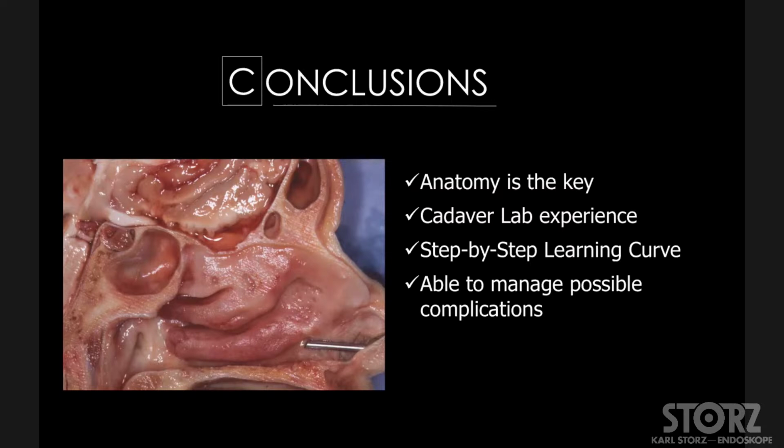The conclusion of our lecture is very easy. The first conclusion is that anatomy is the key, and so my suggestion is to perform a lot of cadaver lab experience, because only in cadaver lab, by dissecting cadaver specimens, can you gain much more confidence with instruments and with anatomical structures.